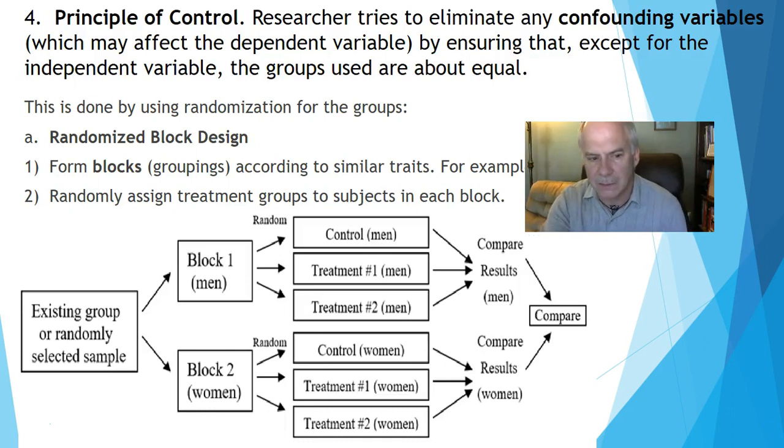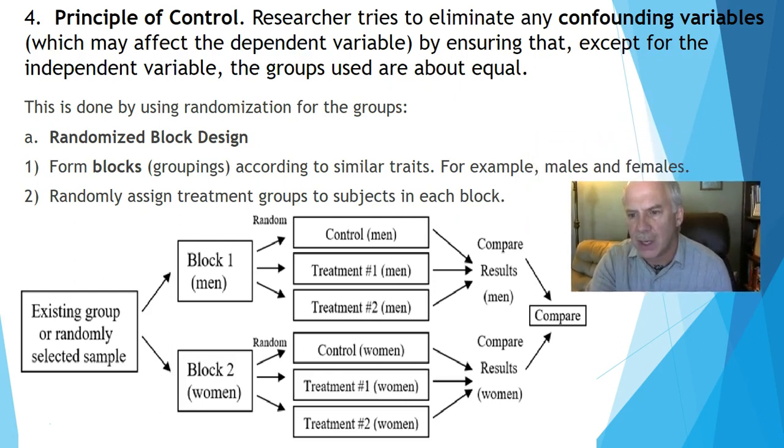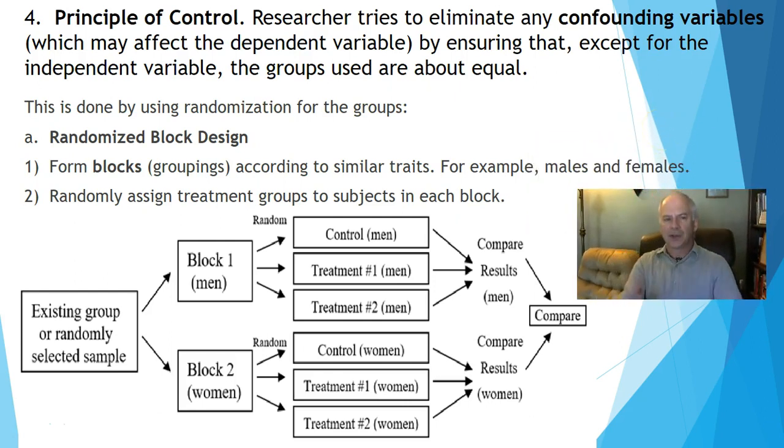Now the next principle is called control. The researcher tries to eliminate any confounding variables which may affect the dependent variable. And the way to do this is to ensure that, except for the independent variable, the groups used are about equal. So except for the treatment itself, which is your independent variable, the two groups are pretty much equal.